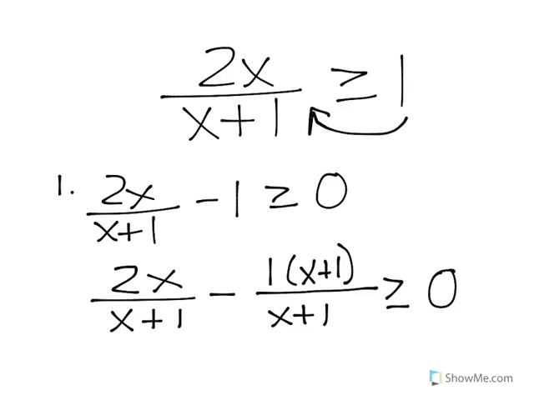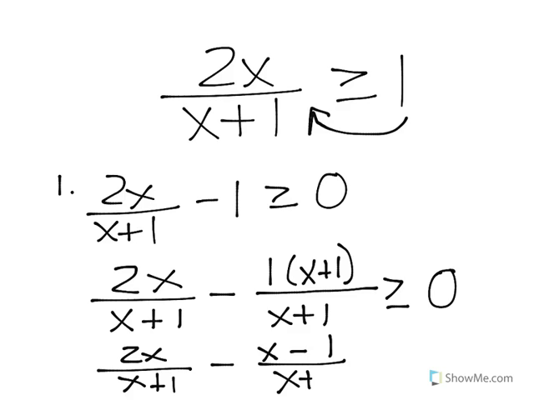Now we have to do some simplifying here. So then we have 2x over x plus 1 minus x minus 1 all over x plus 1 greater than or equal to 0. Then we simplify that.